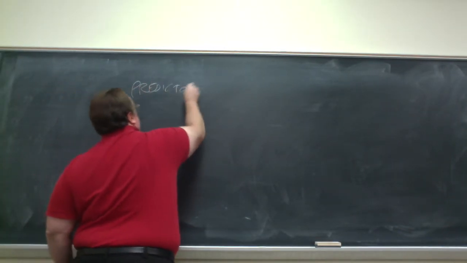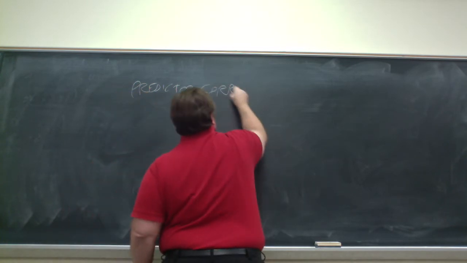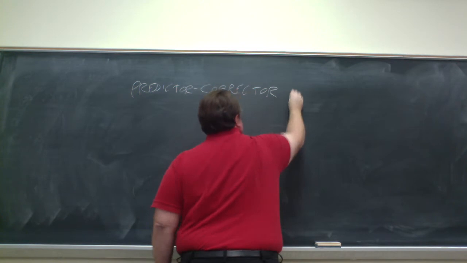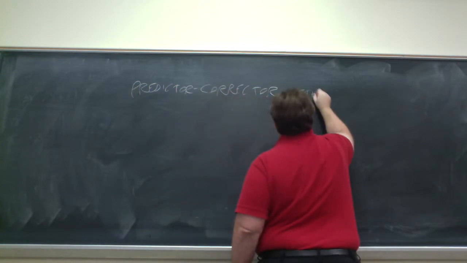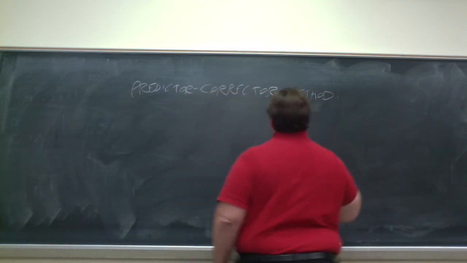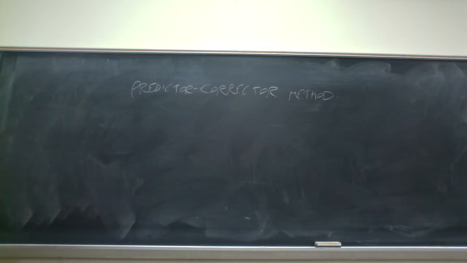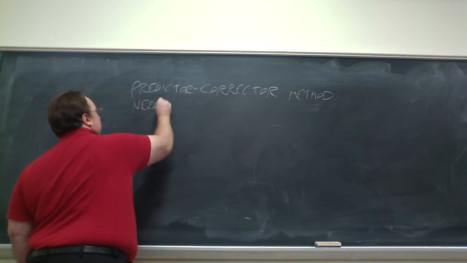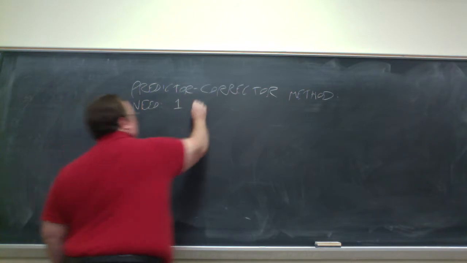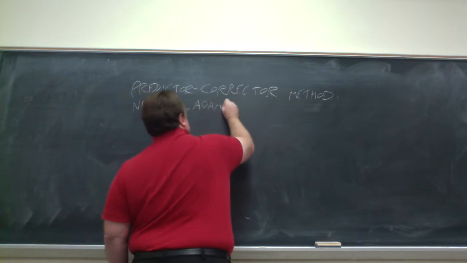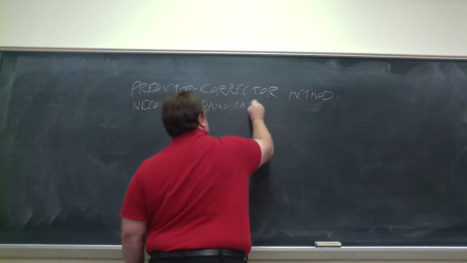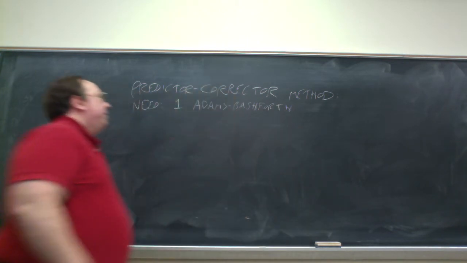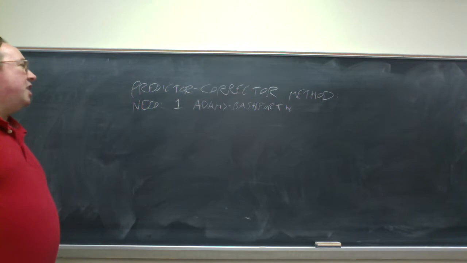could choose any two multi-step methods. One of them explicit and one implicit. So the idea, what the need for a predictor-corrector method is, you need one Adams-Bashforth method, and actually, you could use a non-Adams method.